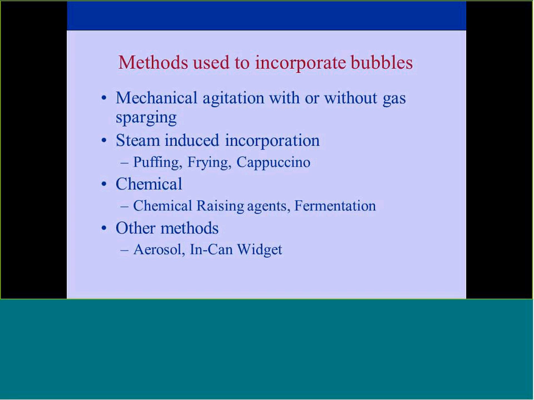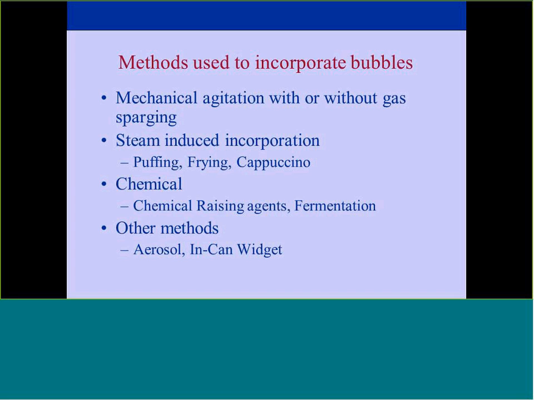That air essentially gets into the batter as you whip, and of course, once it gets in, it starts breaking down into smaller and smaller bubbles, and you end up getting a whipped batter. That is the most common way of making foams, which is mechanical agitation. Please note there are other ways of making foams as well.